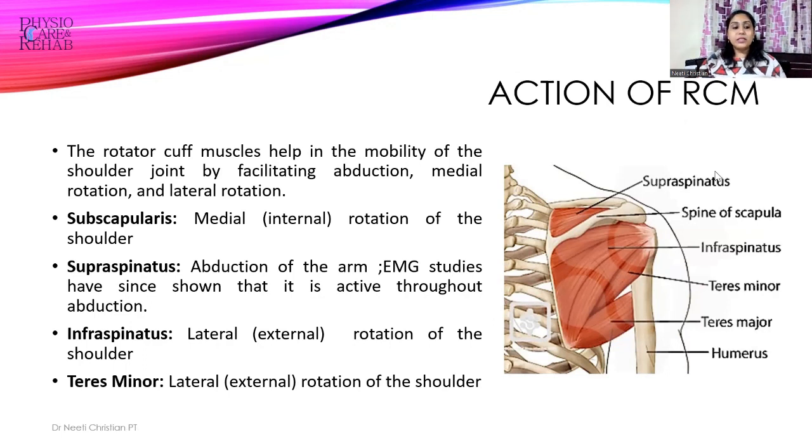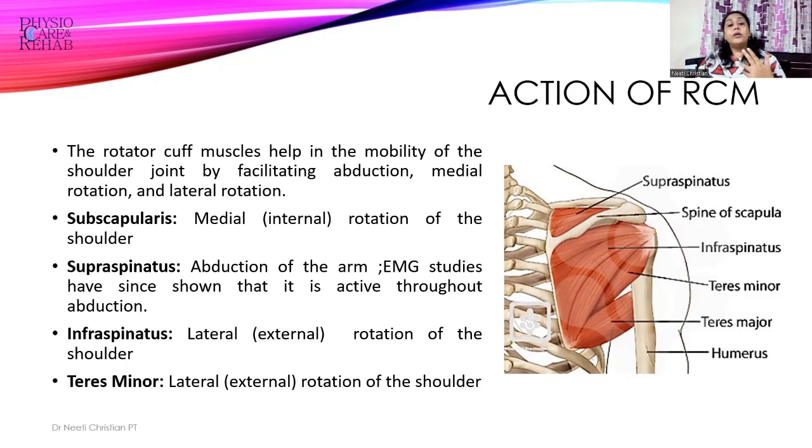EMG studies have shown that the supraspinatus is active throughout the abduction. A few studies suggested that the supraspinatus is very active in 0 to 15 degrees of abduction only. But yes, it is necessary for initiation of movement.